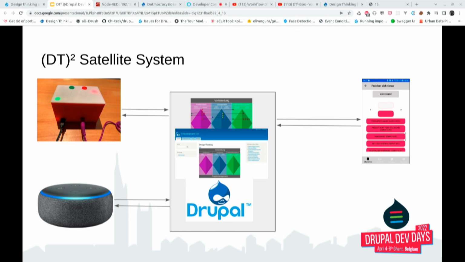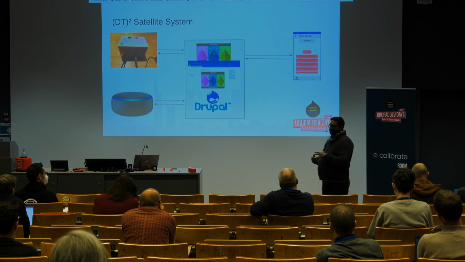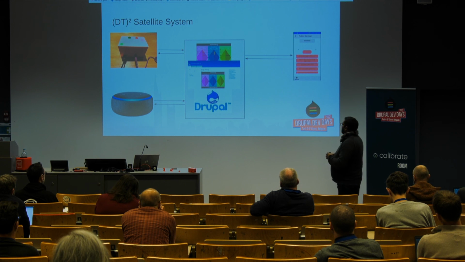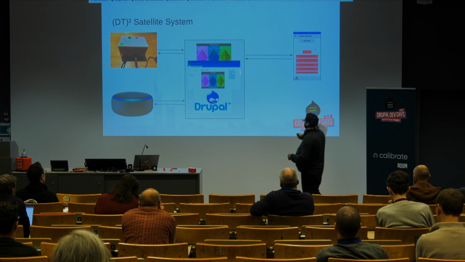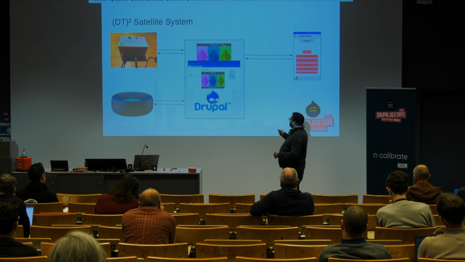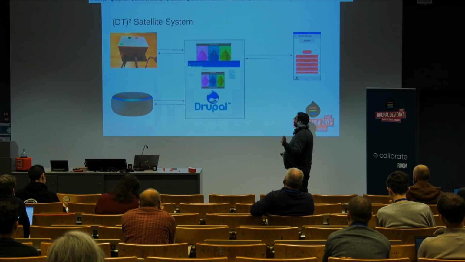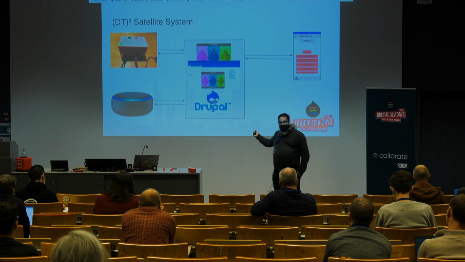So, just a recap. I call it the DT square satellite system because, as I told you at the beginning, I like that I can do all the stuff with Drupal. Okay, I have to do something else with the Raspberry Pi, but at the end, I have my content here and can create my protocols in my Drupal instance, and just put some devices which talk to my Drupal instance.